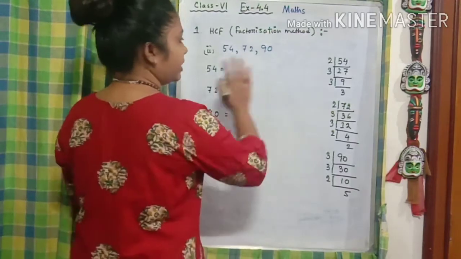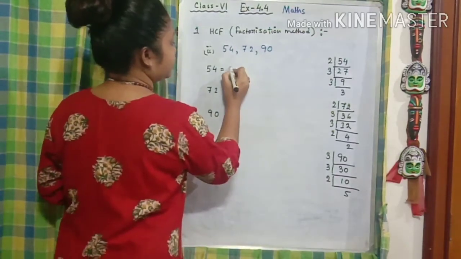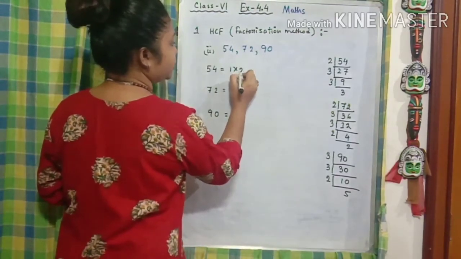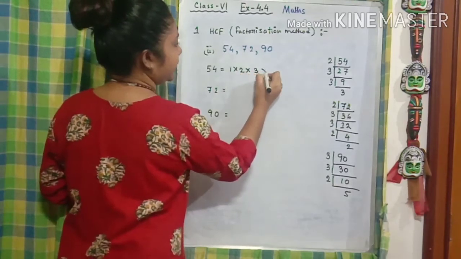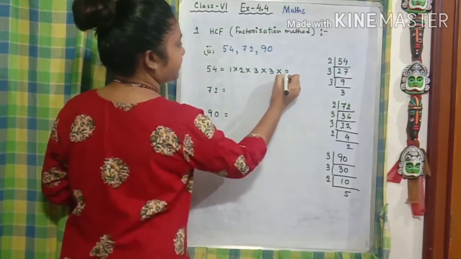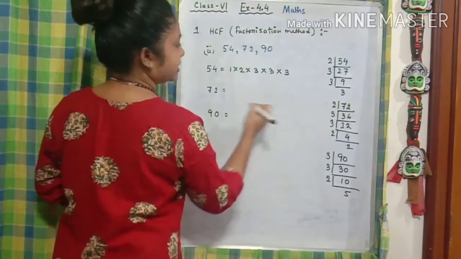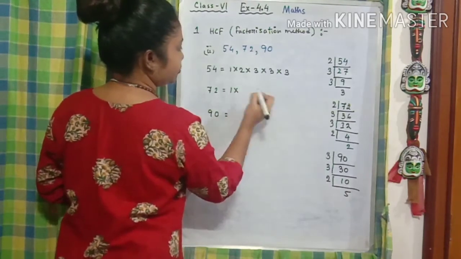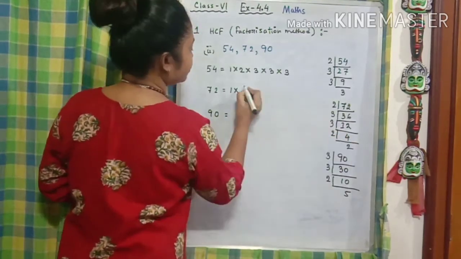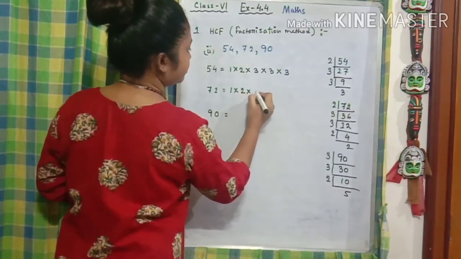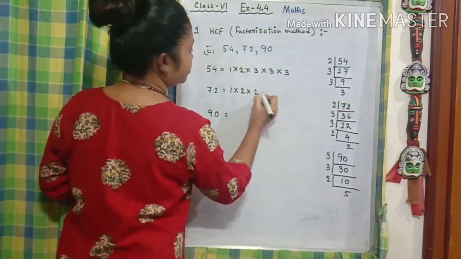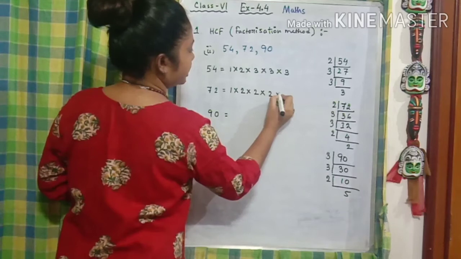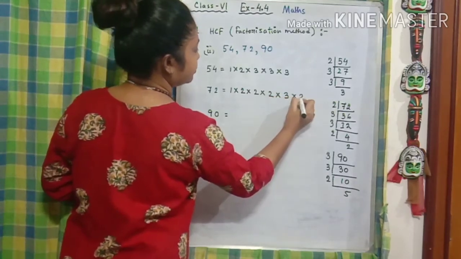Okay, now we are going to split it up. So firstly 1 into 2 into 3 into 3 into 3. Alright, once again for this, 1 into, there are 3 2s, so 2 into 2 into 2 into 3 into 3.